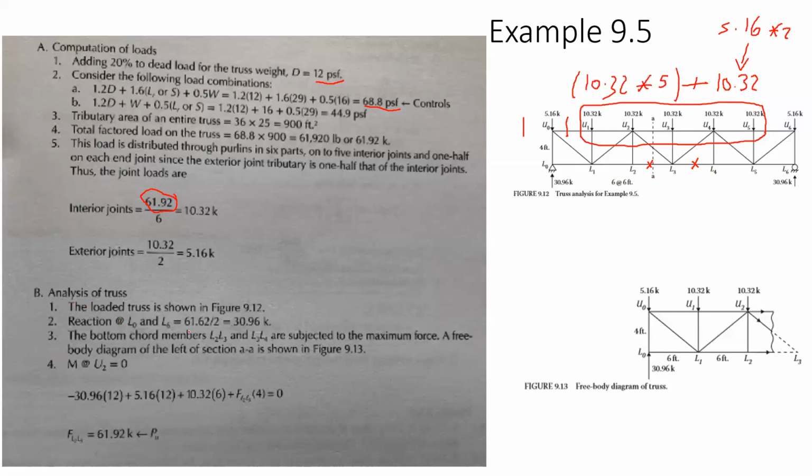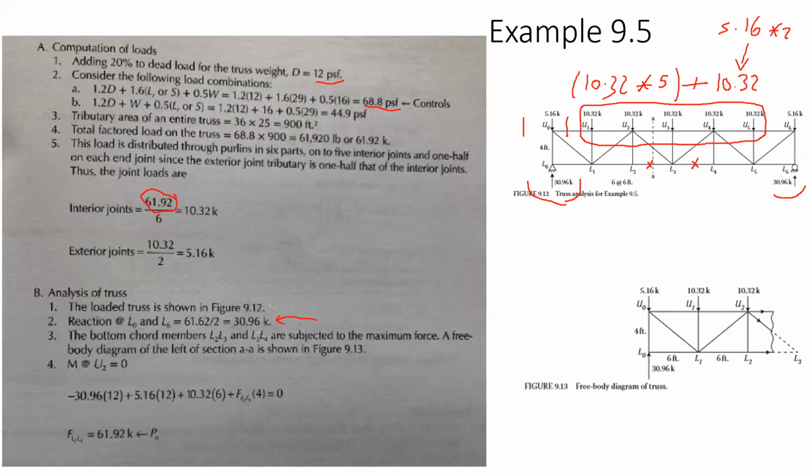First here also, we have to find the value of the reactions. So basically by adding all these up and then dividing by 2, we come up with 30.96, just like this step here.